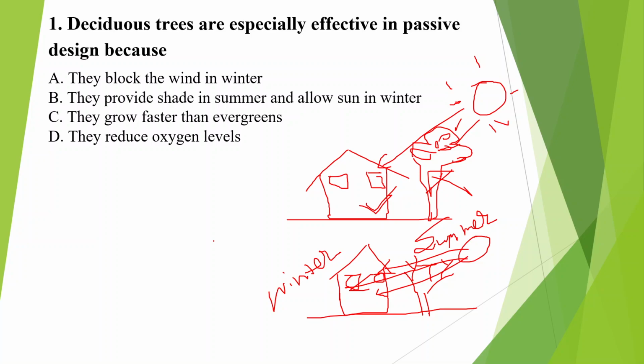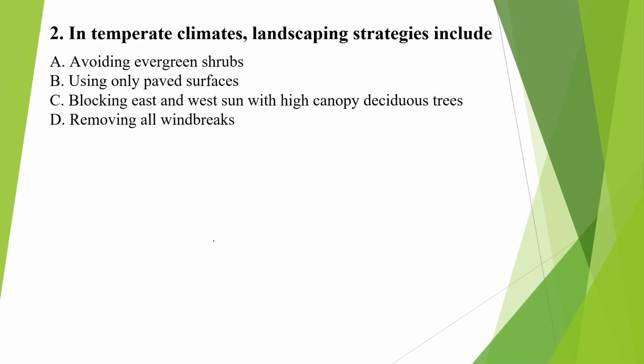With this, let's move to the second question of lecture 2. Here is the second question. In temperate climates, landscaping strategies include: avoiding evergreen shrubs, or using only paved surfaces, or blocking east and west sun with high canopy deciduous trees, or removing all windbreaks.